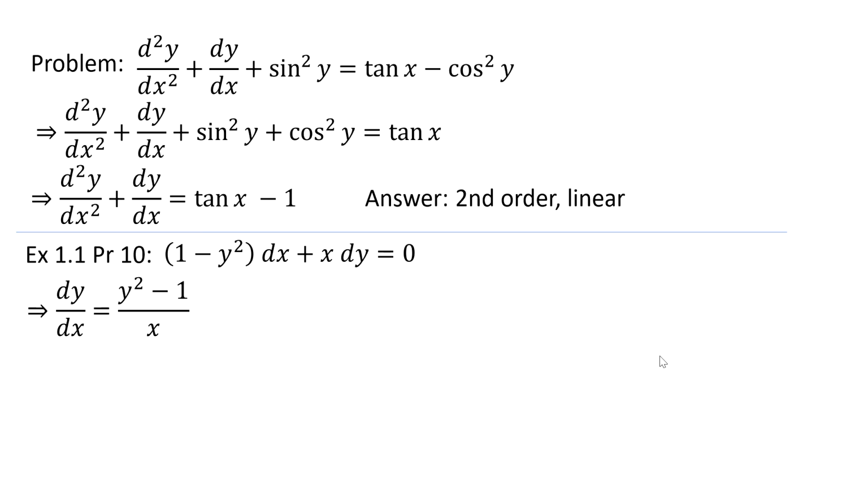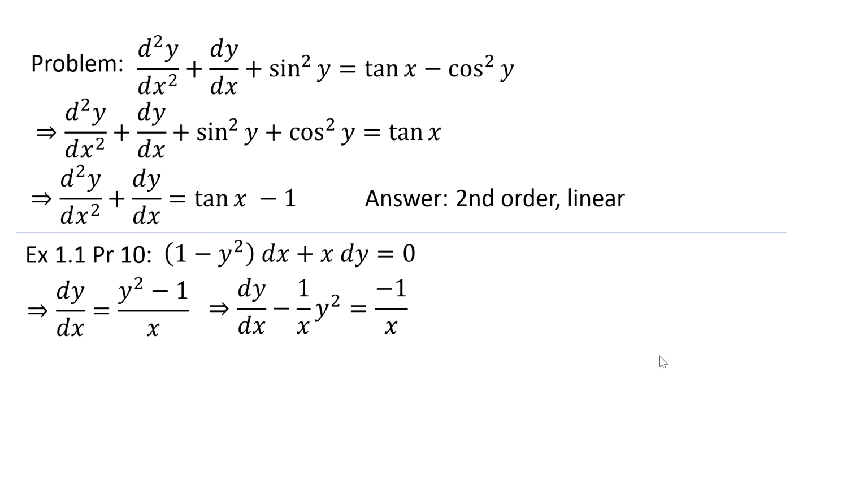The only question is, is this linear or non-linear? Whoa, wait a minute. That y square cannot be on the right hand side. So make sure that you don't have that y square on the right hand side. Can you do that?